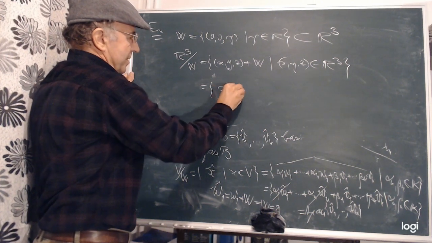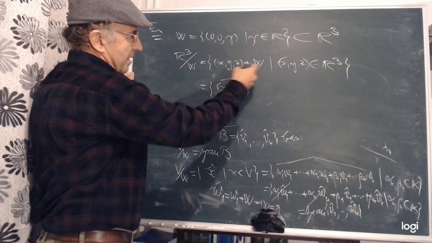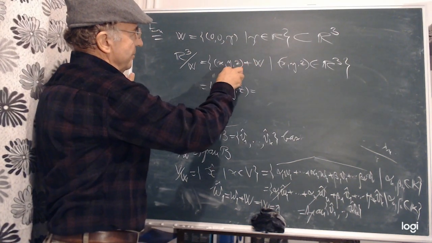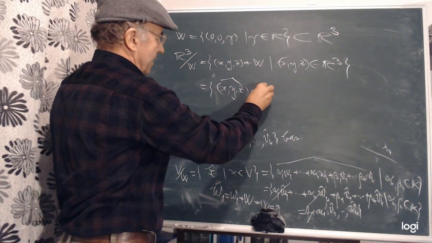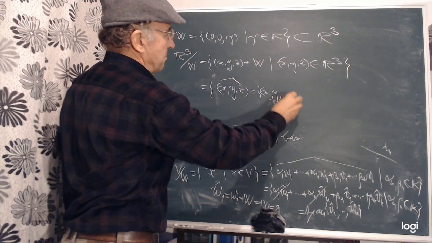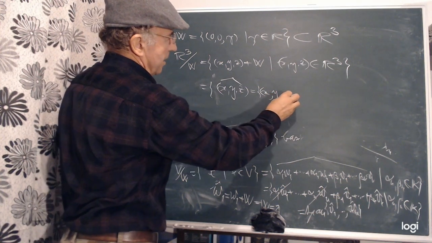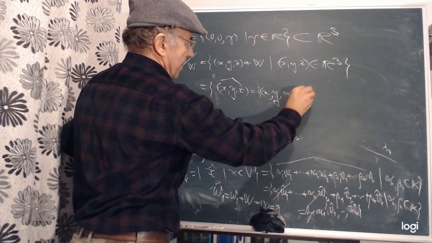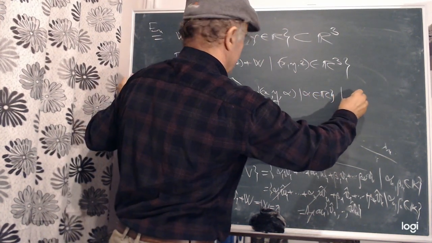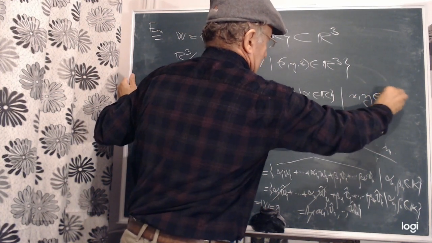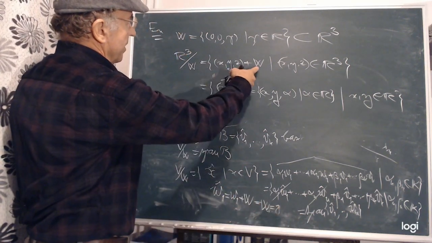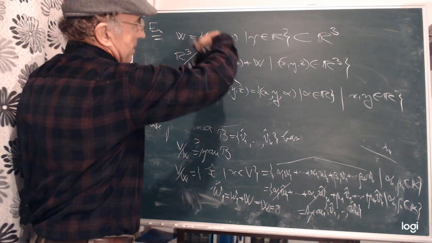The class of (x, y, z) contains all the elements of R3 having the form (x, y, alpha), where alpha is an arbitrary real number.